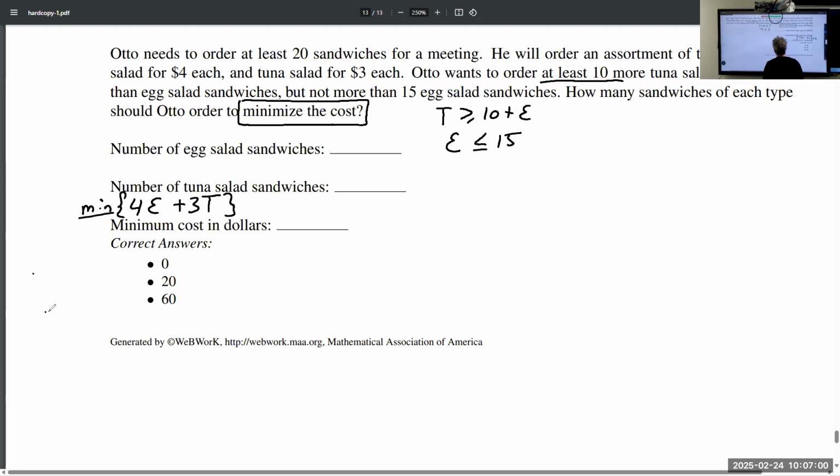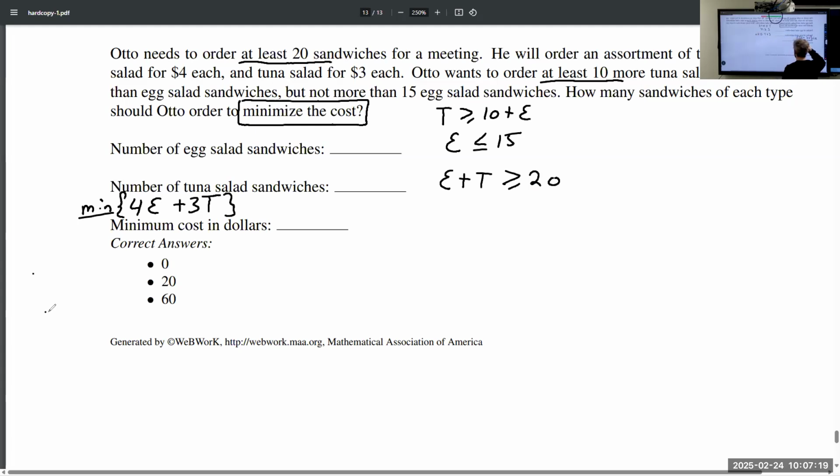So no more than 15 eggs. And we also need at least 20 sandwiches. At least 20 sandwiches. So egg plus tuna has to be at least 20.